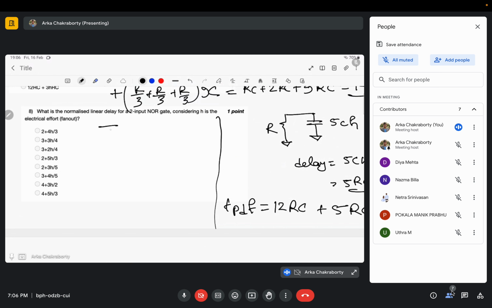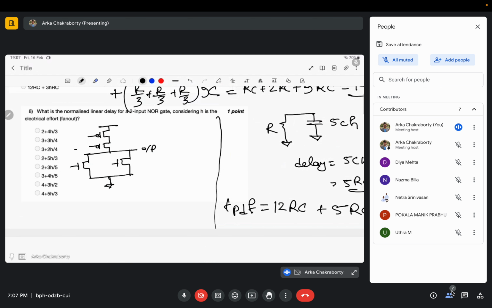Let me draw the 2-input NOR gate first. This is output. So these are my inputs.